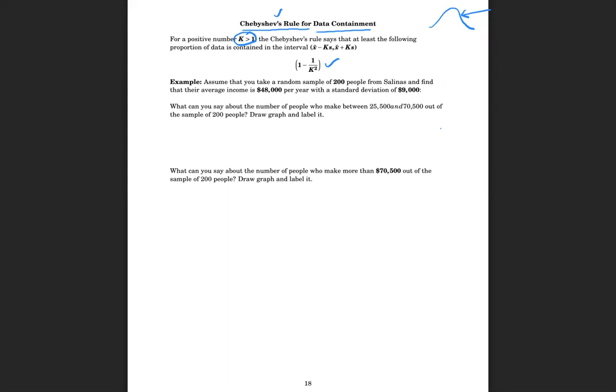With k greater than 1, it is going to be a fraction between 0 and 1. It's never going to be 0 in theory.